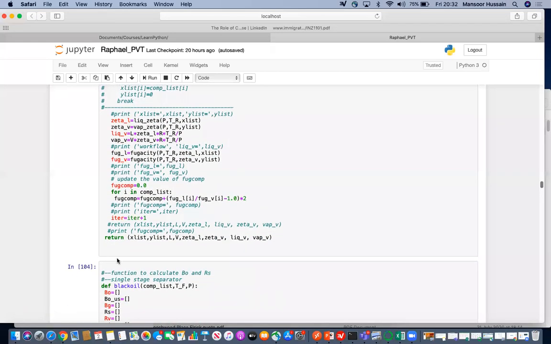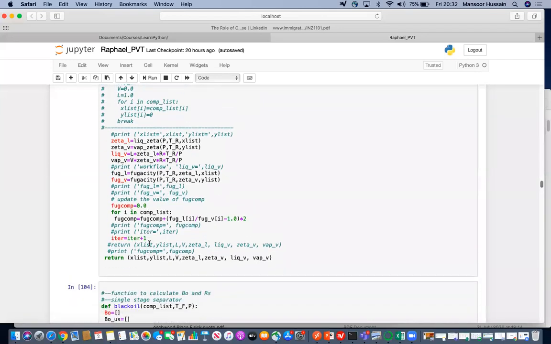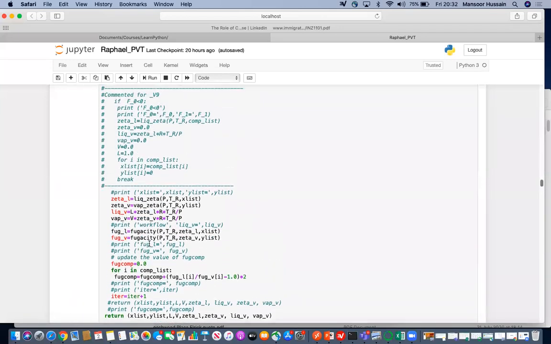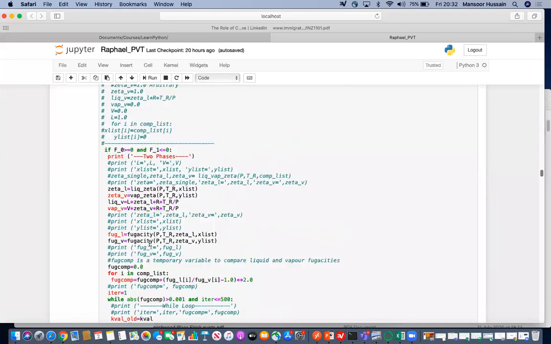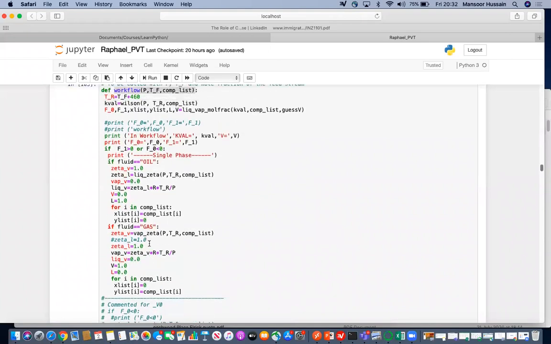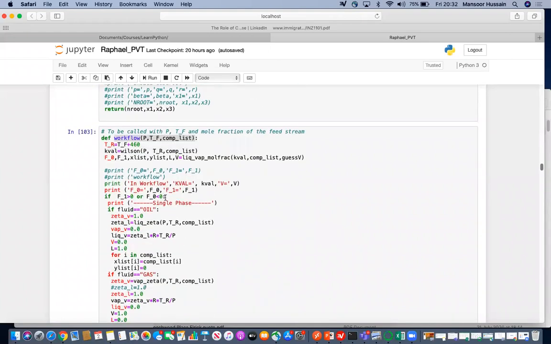And then this finally outputs. If you were to use this on your own, you can use the workflow function independently. It requires pressure, temperature, and composition.